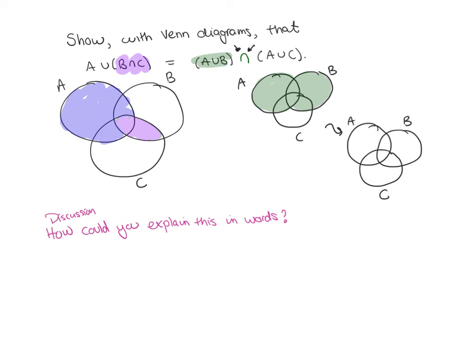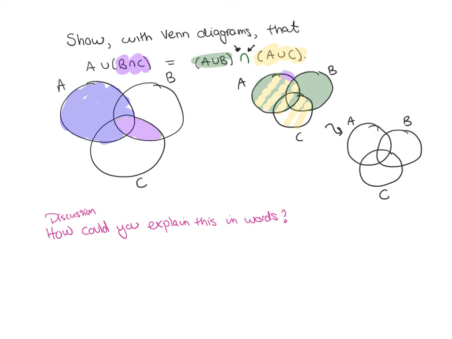Now let's also think about A union C. So A union C, maybe I'll do that in some dots here. A union C is going to be the stuff that's in A or the stuff that's in C. And now I'm looking at the intersection of those two sets.